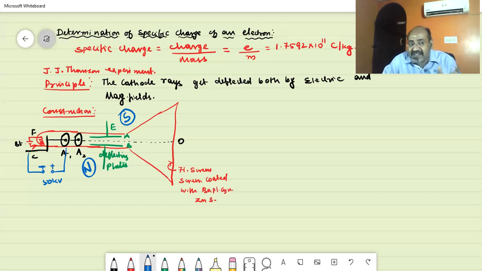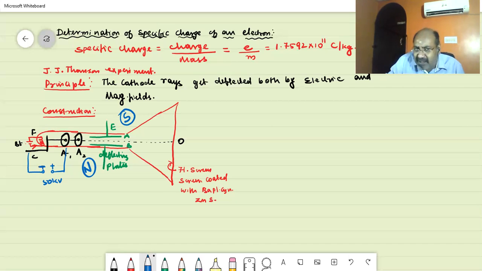The electron beam coming out of the cathode is attracted towards the anode, so it gets accelerated. The beam, coming out with a greater velocity after passing through the anode, is allowed to pass through two parallel metal plates called deflecting plates or deflector plates.